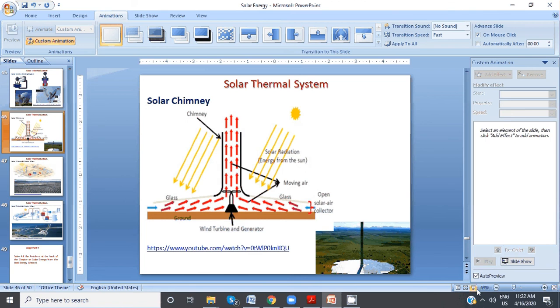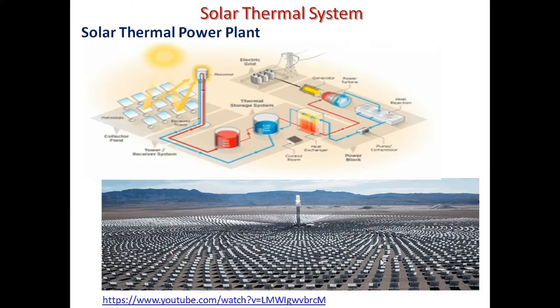So let's come to the next part, which is the solar thermal power plant. Okay, solar thermal is similar to our fossil fuel based thermal power plant, where, if you remember, I have already covered that, we use coal or natural gas in the boiler, which will heat my water and convert it into steam, and then later that steam is used to rotate my turbines to produce my electricity.